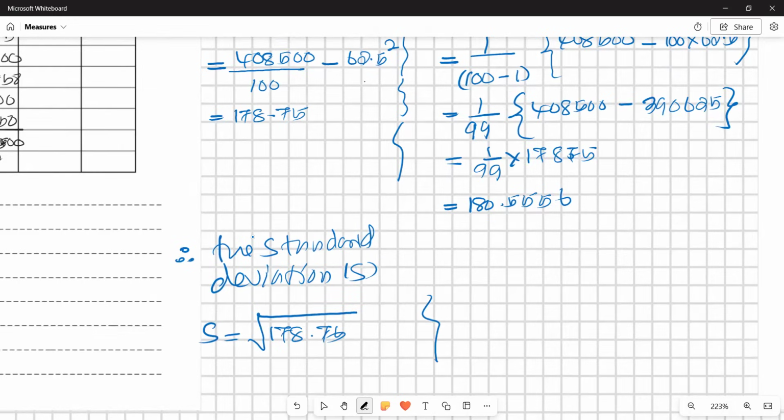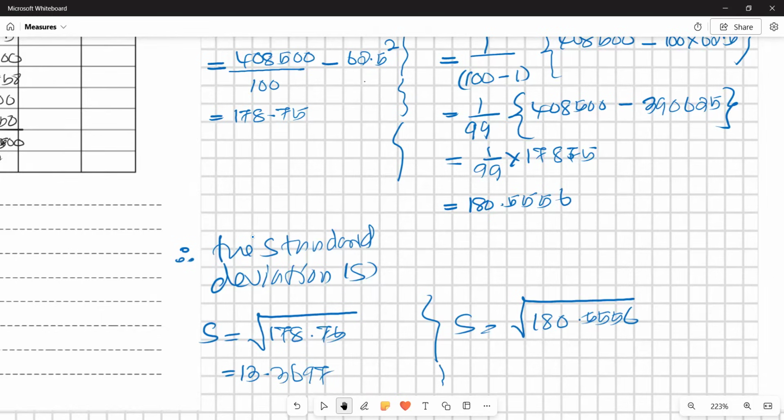For the others, S is the square root of 180.5556. The square root of 178.75 is 13.3697, rounded.